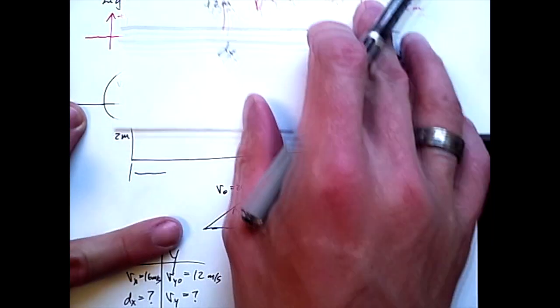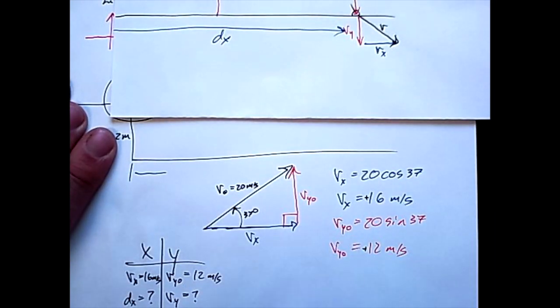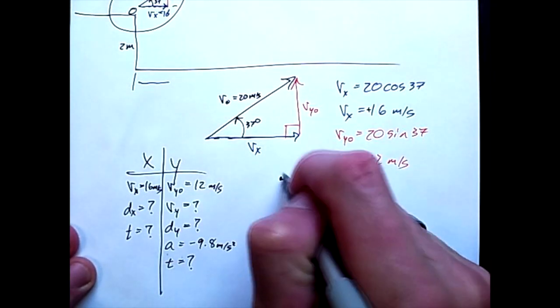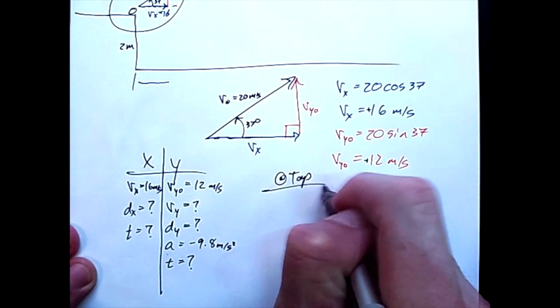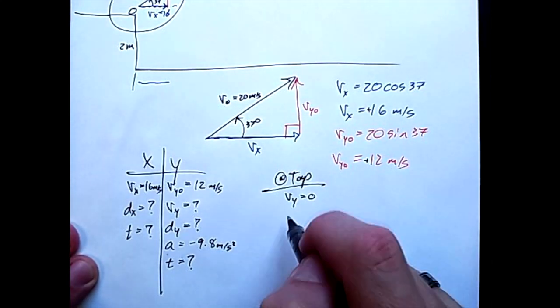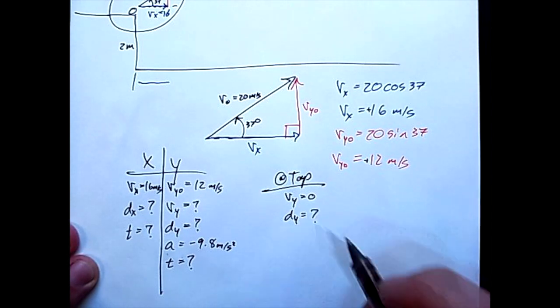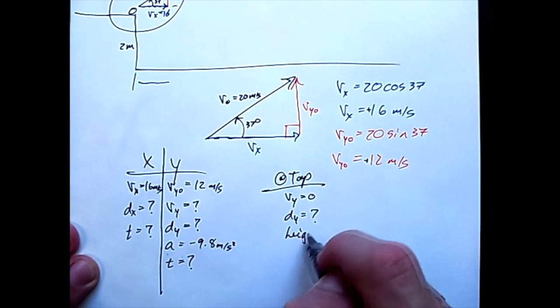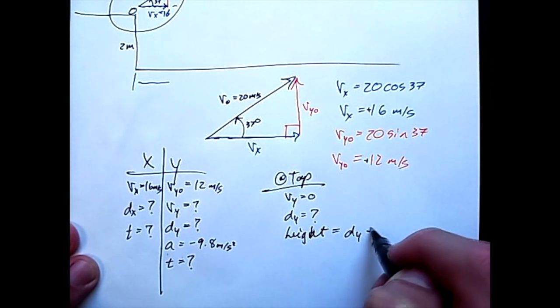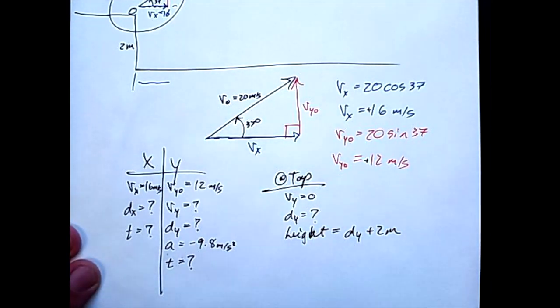And so first we need to find that dy, where at that dy I know that Vy is equal to 0. So I'm going to come back down here to my table and say at the top, right, I know that Vy equals 0, and dy will be the question, but the height will be equal to dy plus 2 meters, so that I can indicate that additional 2 meters of the ledge.